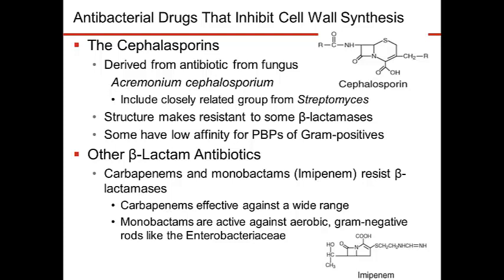First-generation cephalosporins are active predominantly against gram-positive bacteria. Successive cephalosporin generations have increased activity against gram-negative bacteria. Carbapenems are broad-spectrum drugs which resist beta-lactamase enzymes, for example, the antibiotic imipenem.